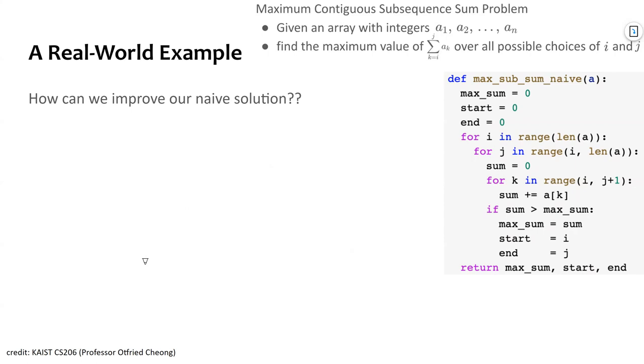Any suggestions to upgrade our algorithm? Okay, I'll give you 30 more seconds to think about how to improve our naive solution, and then we're going to discuss how we can approach this solution.